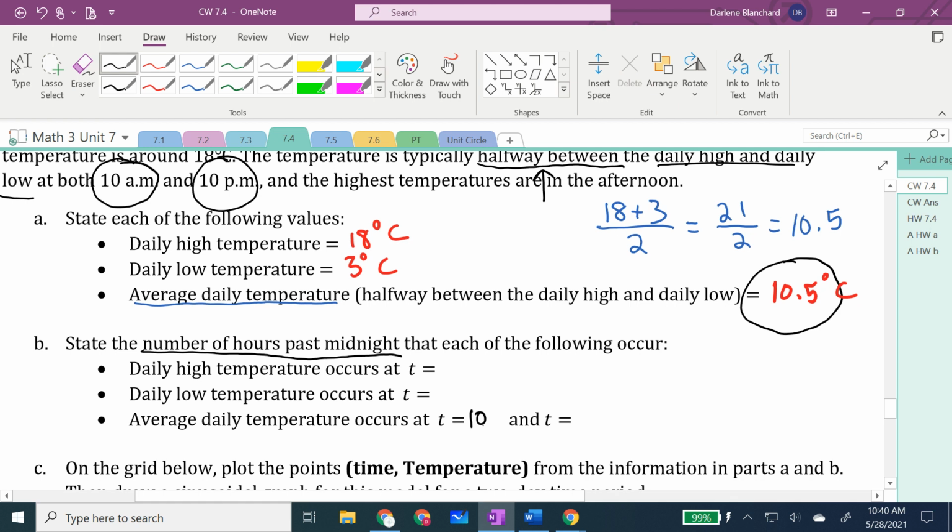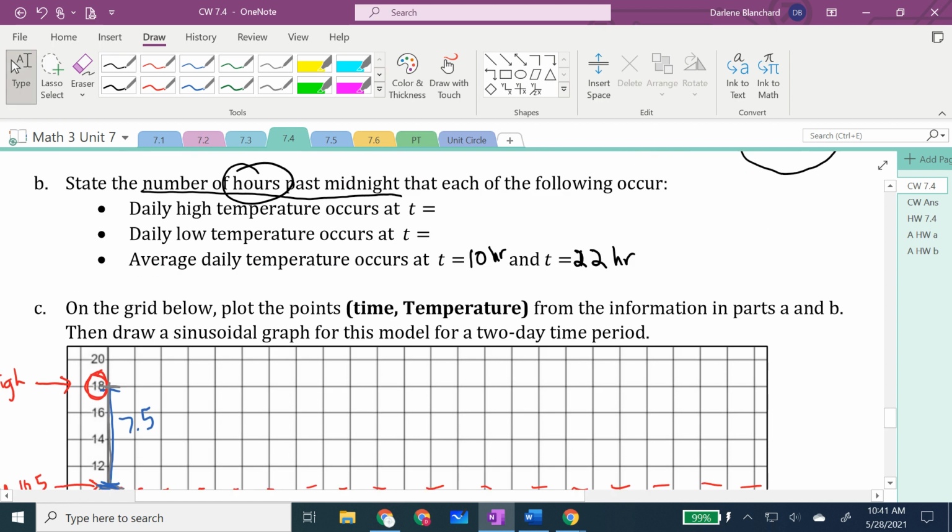Ten p.m. would be 10 plus 12, 22. And let's keep in mind the units. We're dealing with hours. So 10 hours and 22 hours, we are at our midline.